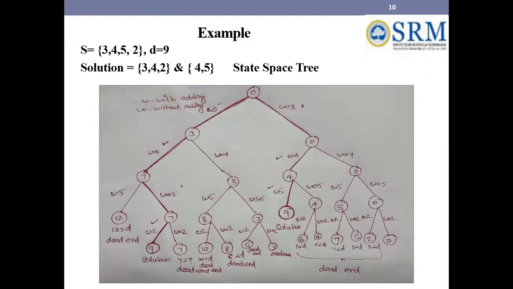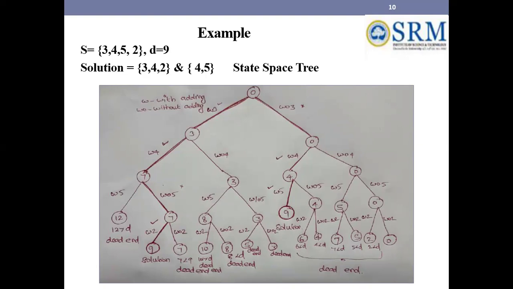I told you we are going to draw a state space tree, and the root value is always 0. Left edge is with adding. W means with adding, WO means without adding the number. There are four elements in the given set, 3, 4, 5, 2, so there are four levels. For the first level, take the first element 3. Left edge is with adding 3, right edge is without adding 3.